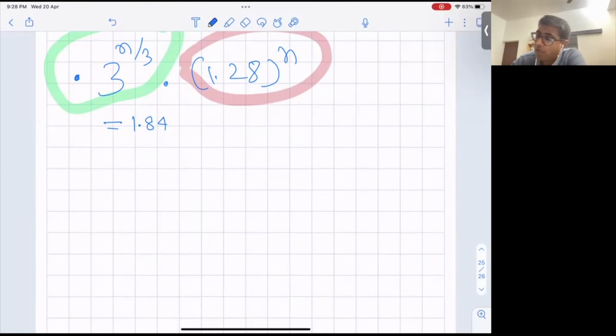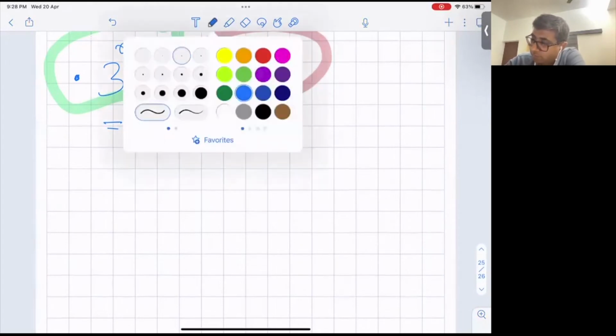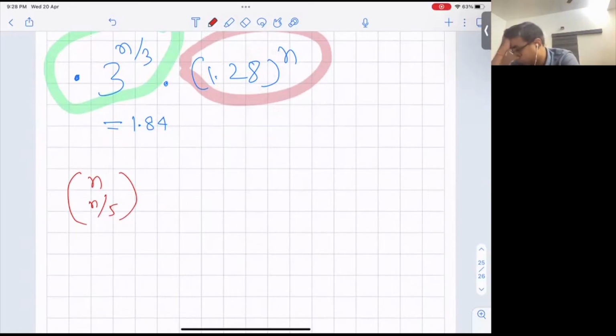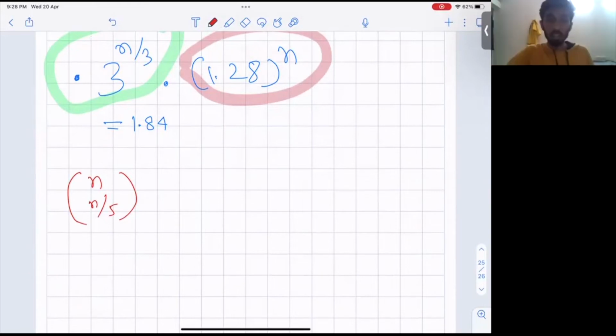Okay. What is, let's say, n choose n over 5? We had an n choose alpha formula in the approximation. So what is that?